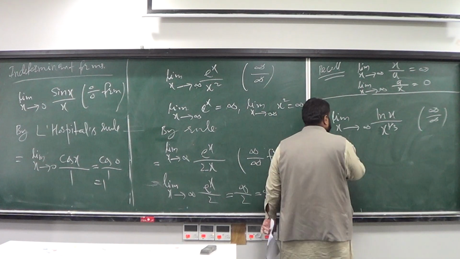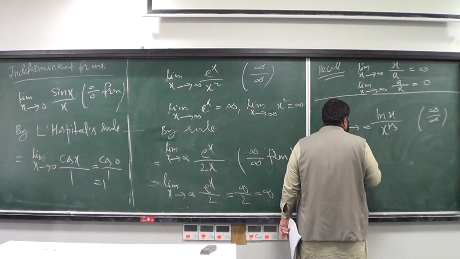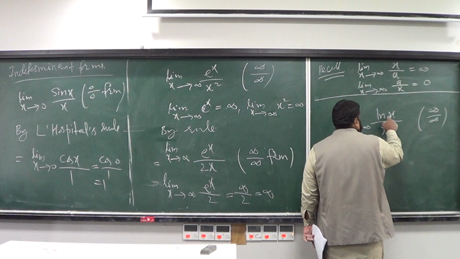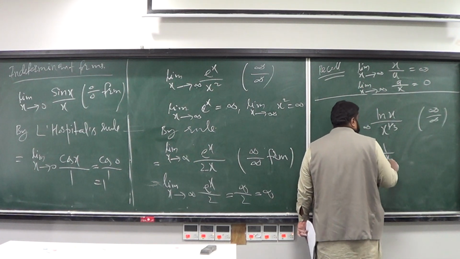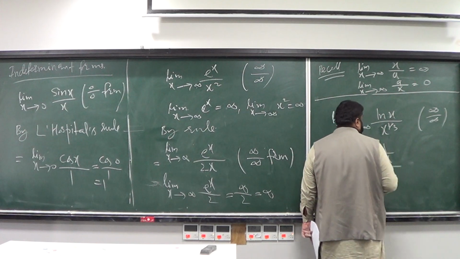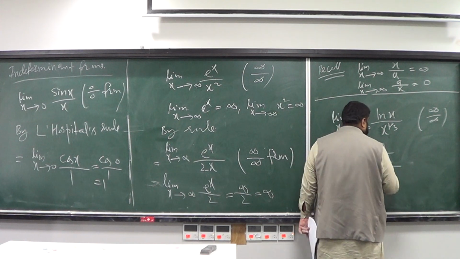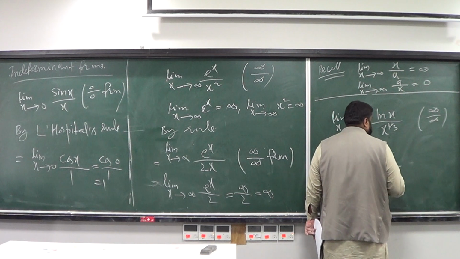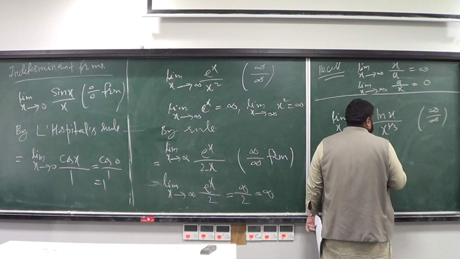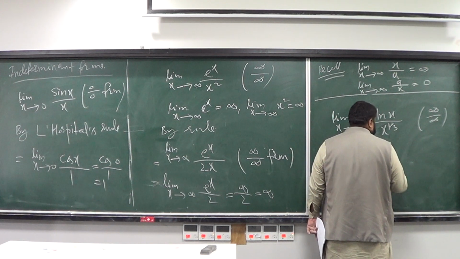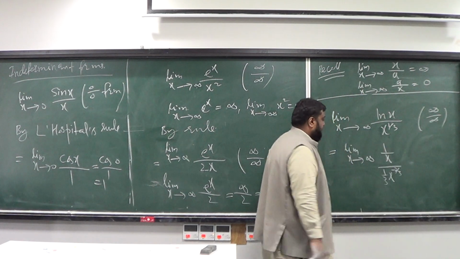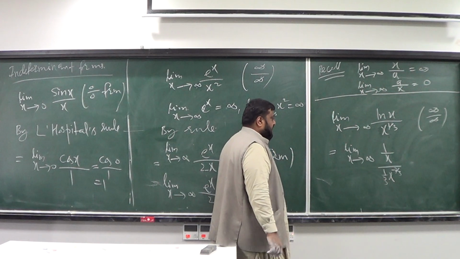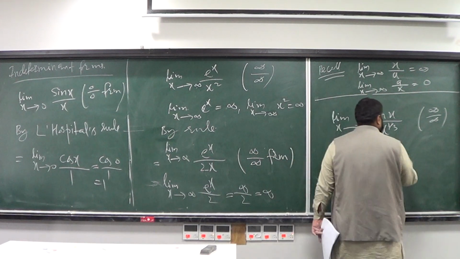So let's do it. The limit as x goes to infinity is equal to the derivative of the log, which is 1 over x, divided by the derivative of x power 1 over 3, which is 1 over 3 times x power 1 over 3 minus 1, so it's going to be x power minus 2 over 3. And you can simplify this a little bit more.